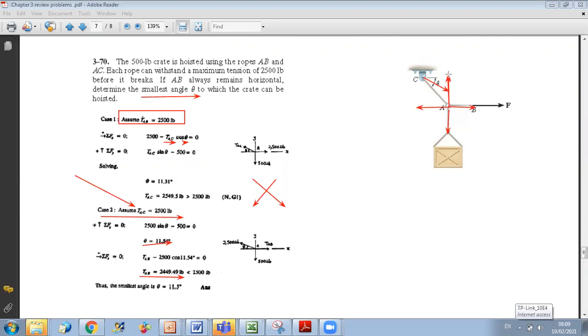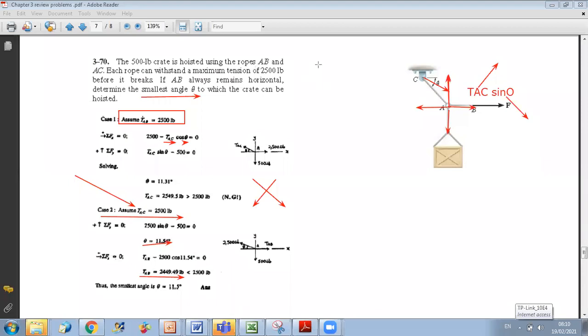And the vertical projection of TAC is equal to TAC sine theta. So as you decrease the angle, sine theta will be reduced, and TAC should be increased to support the crane. This is why if we decrease theta more, TAC will be higher than 2500, and we will have rupture of the cable.